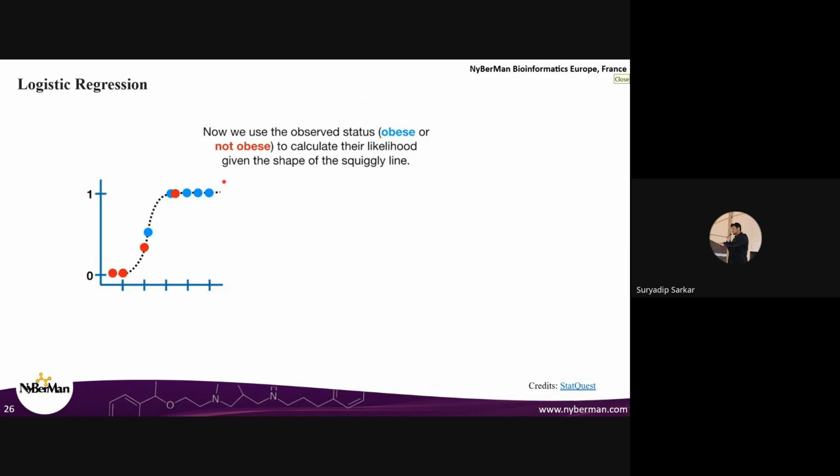Now we know which ones are obese and which ones are not obese. This is the part where we know it is a supervised learning setting, remember? So we know which ones are truly obese and which are truly not obese. So we can use the observed status to calculate their likelihood or probability given the shape of the squiggly line.